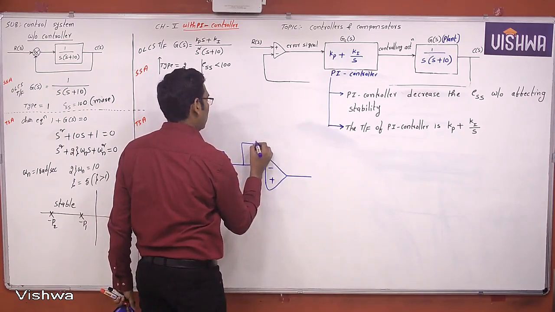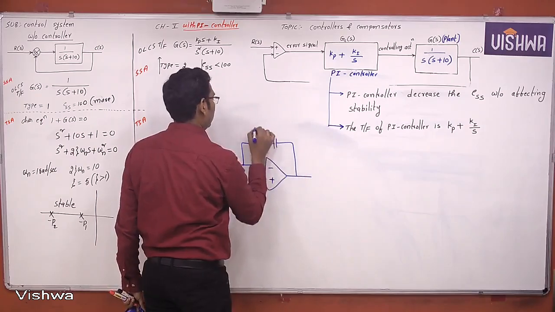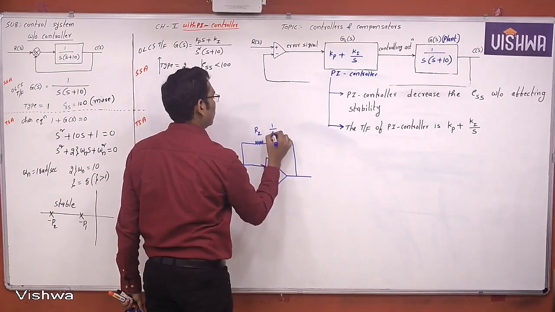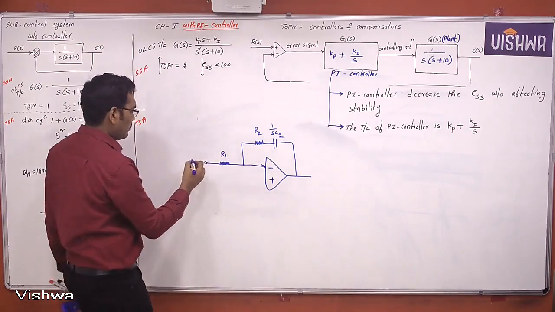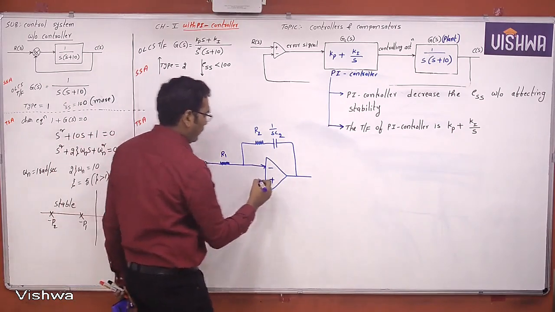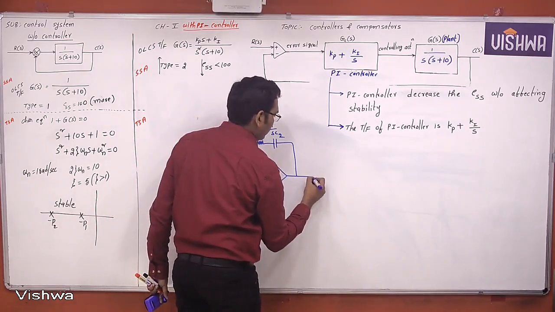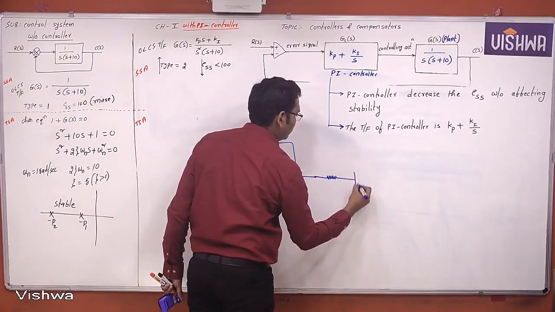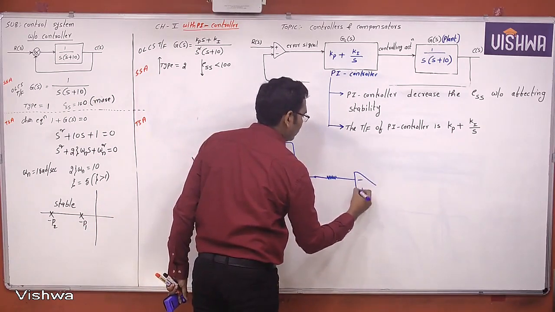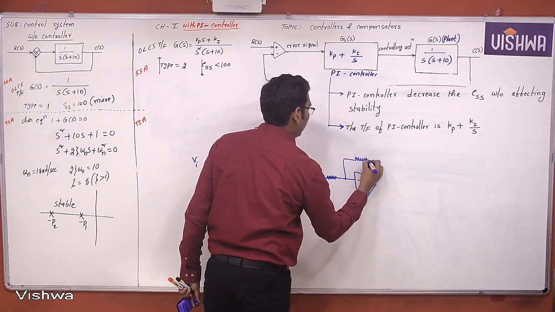Now this is the controller and this is the inverter portion. To compensate that minus value, we'll take an inverter.